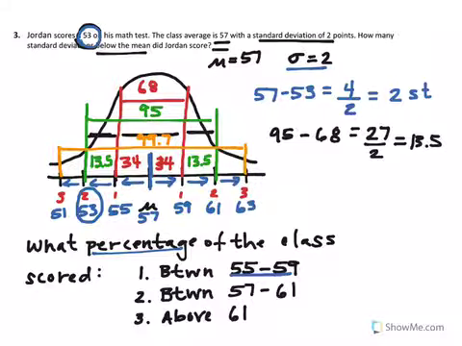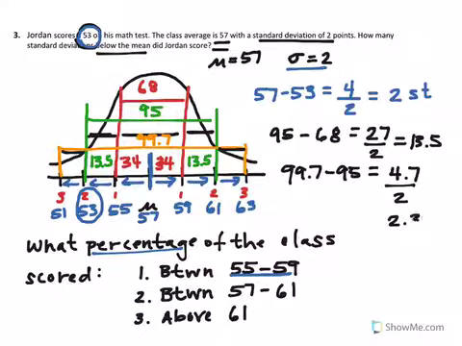And that leaves us, if we do the math, then we subtract 99.7, we subtract out that middle portion that we've already accounted for. Then we're left with 4.7. And when you divide that by 2 to give us 2 equal portions here, this portion and this portion, then you get 2.35. So this last little bit, 2.35 here and here.